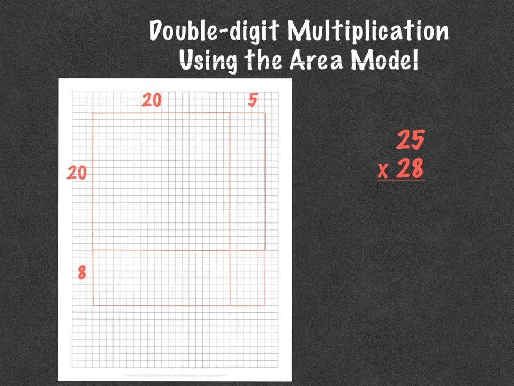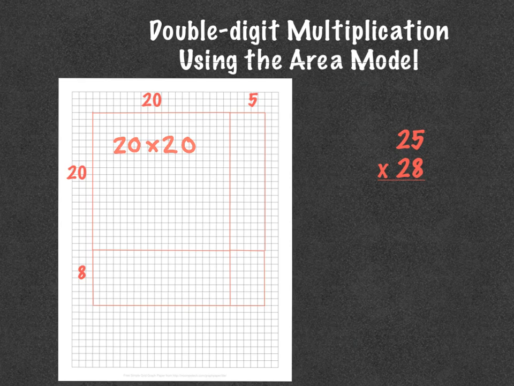Now, the answer to this problem actually equals all of these squares that are in here. But in order to calculate that, we're going to use our knowledge of multiplication. So this first problem, we're going to do 20 times 20, because this side of the box is 20 and this side of the box is 20.